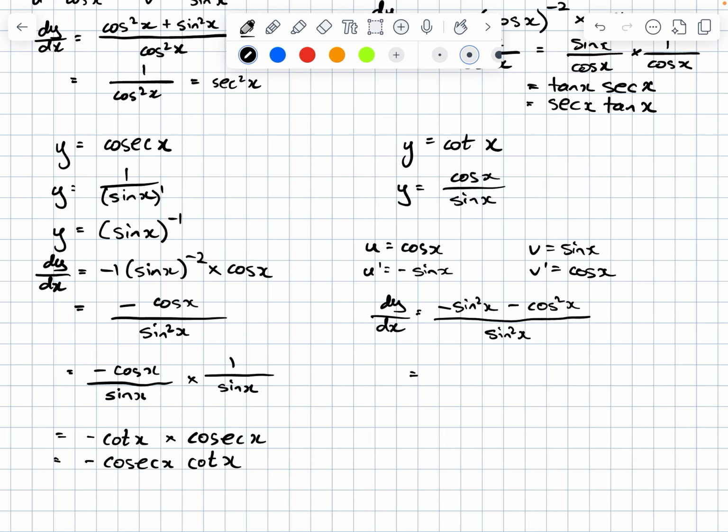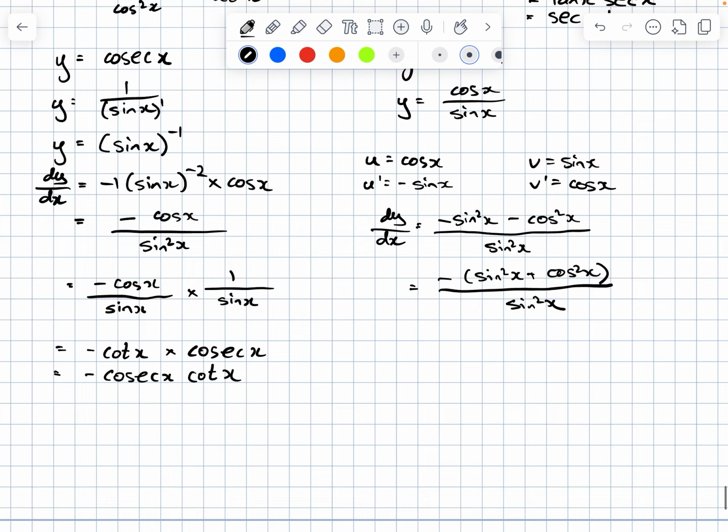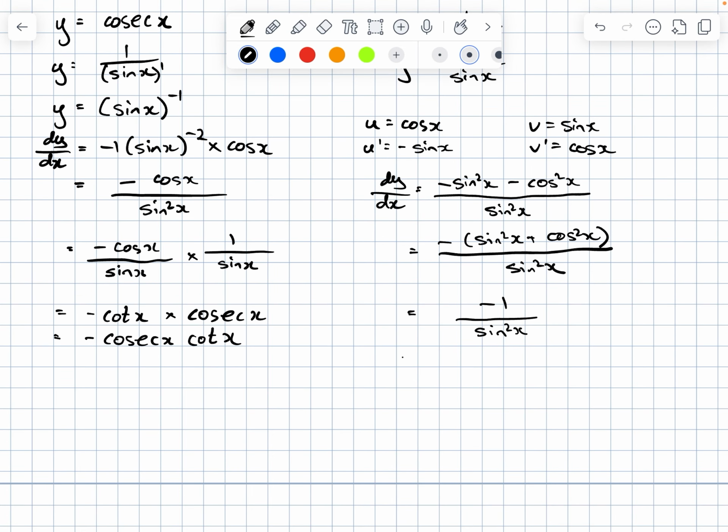The numerator can be factorized with the negative outside, and we get negative sine squared x plus cos squared x all over sine squared x. Sine squared x plus cos squared x is equal to 1, so we have -1 over sine squared x. And since 1 over sine x is cosec x, then 1 over sine squared x is cosec squared x, giving us negative cosec squared x.